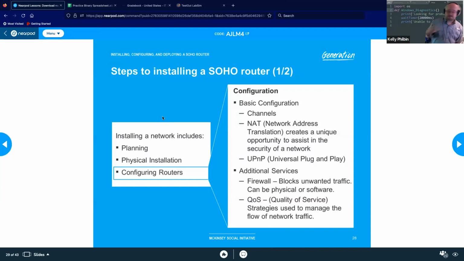This is where we would go in and make all of our settings and changes. If we want to set up a DMZ and put all of our Internet of Things devices, like your Ring doorbells, outside of the internal network, we can do that.